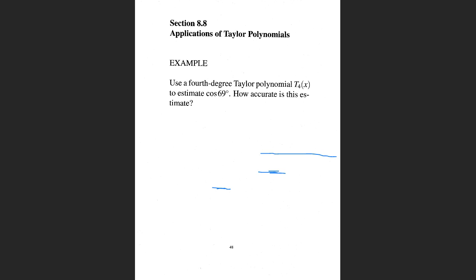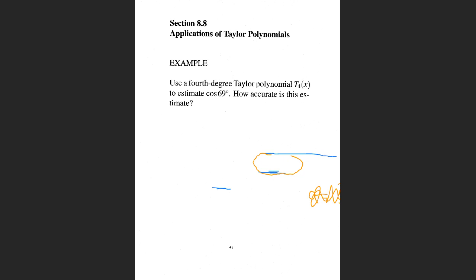So, well, I have the cosine of 69 degrees here. I want to estimate that. I've got to figure out what a I'm going to use here. What friendly angle, or what friendly radian measure, am I going to use? Well, let's take a look. All right, so Renaud and Maria have suggested two possibilities.